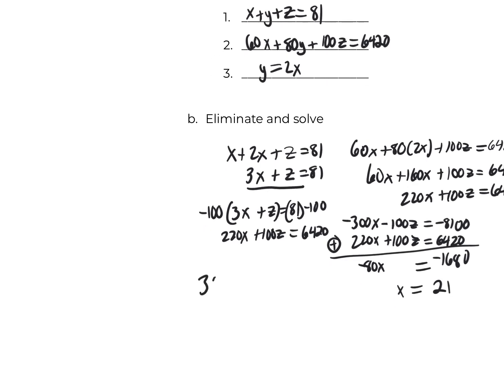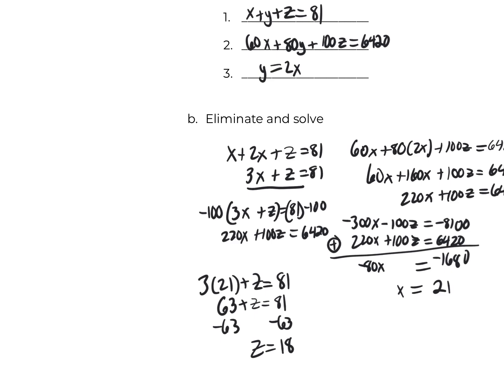So 3 times 21 plus z equals 81. So 3 times 21 is 63. Subtract 63 from both sides, and we get that z is 18.